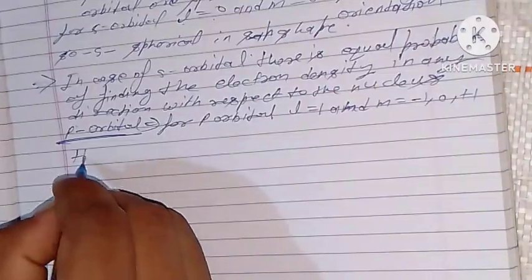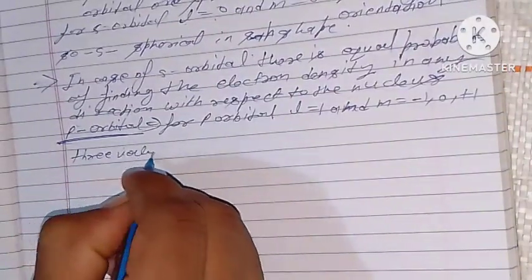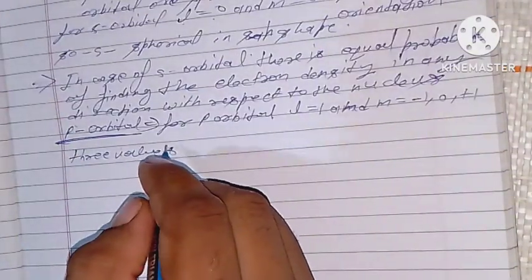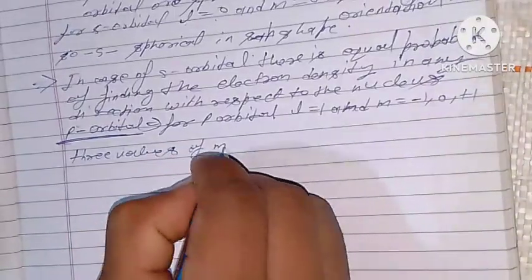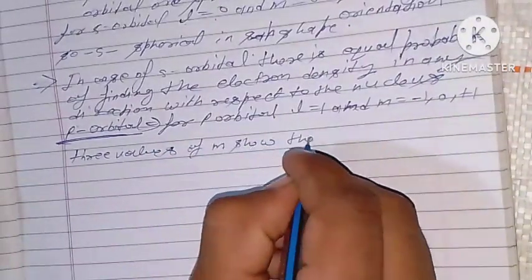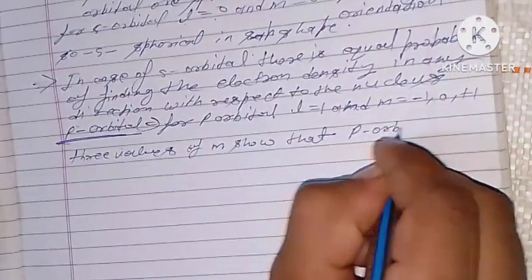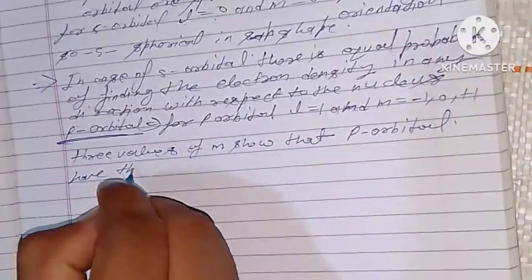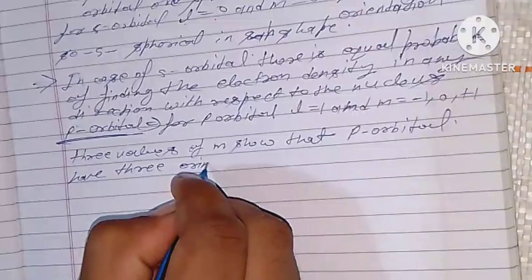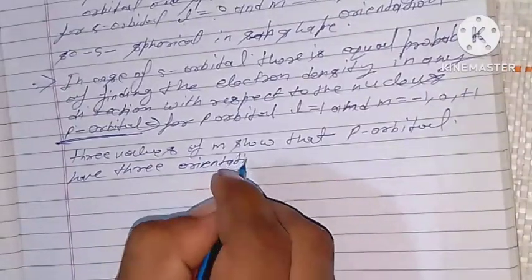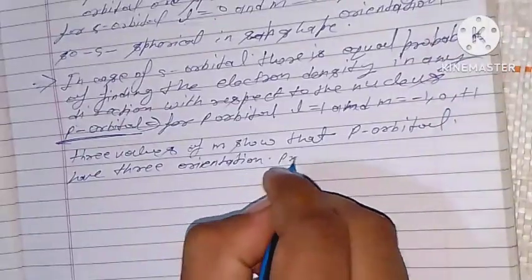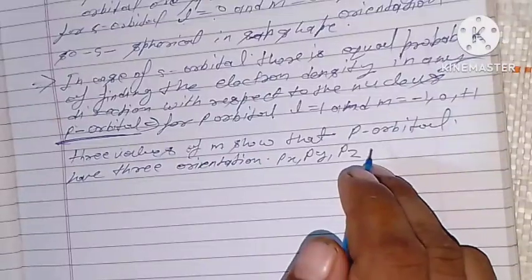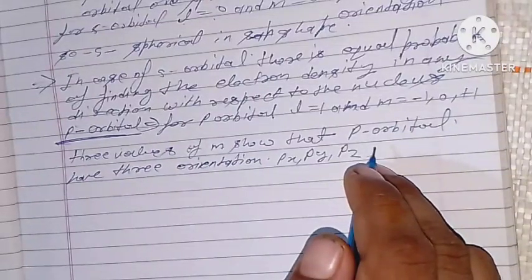Three values of m show that p orbitals have three orientations: px, py and pz, which are degenerate, having the same energy.